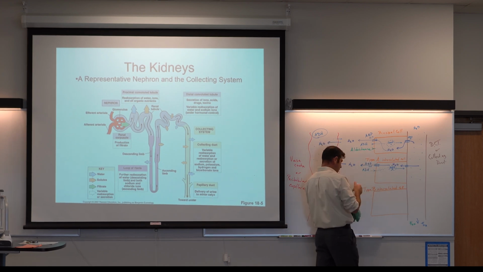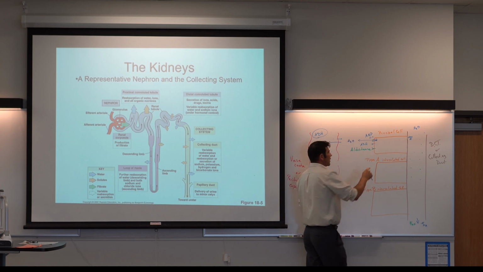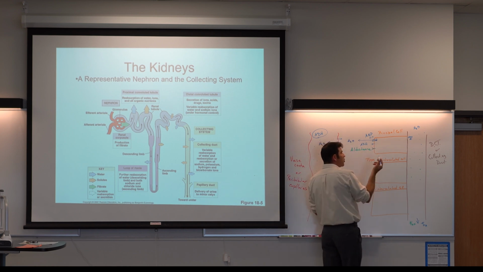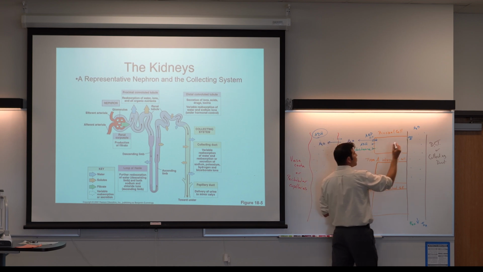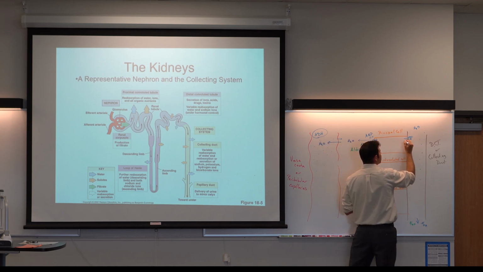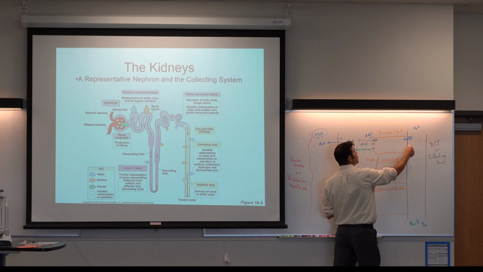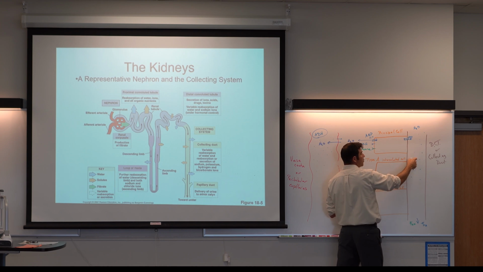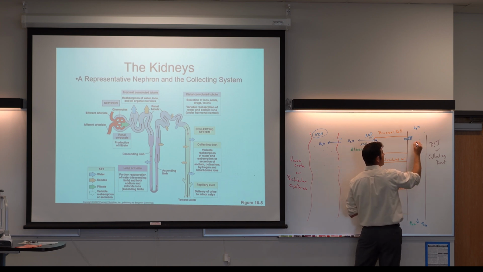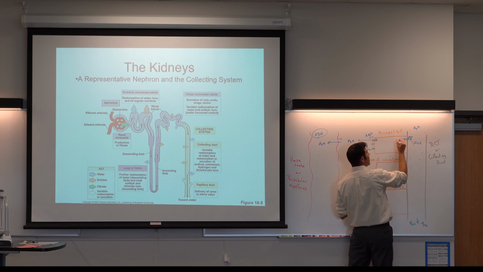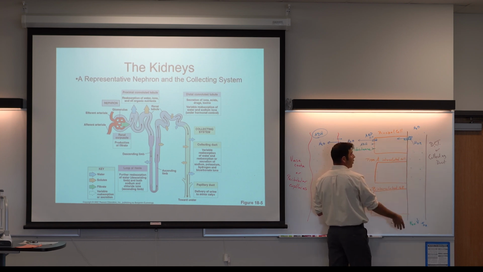There is another channel, and here's where I'll need to make a little bit more room. Okay, I just wanted to clean this up to show that the principal cells have receptors for antidiuretic hormone. Antidiuretic hormone, we said, was going to lead to the insertion of these additional aquaporin proteins on the tubal side of the cells that face this distal convoluted tubule or collecting duct, so that any water molecules that happen to be traveling through there now have a way to get picked up instead of lost in the urine.